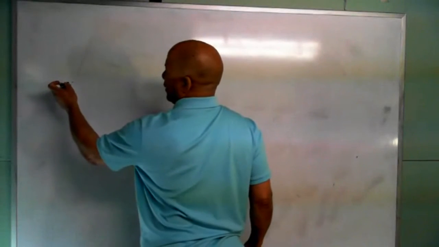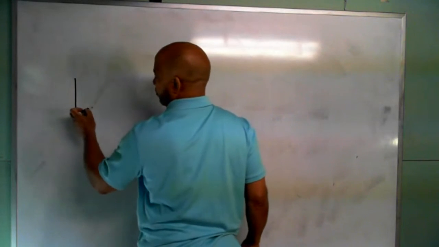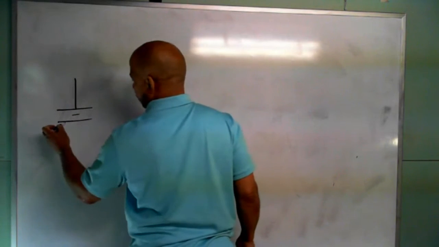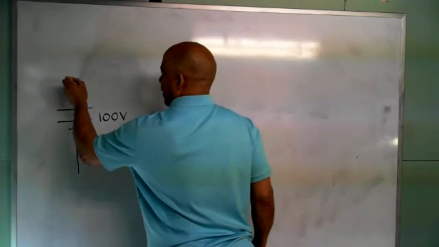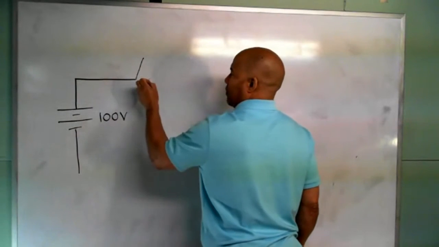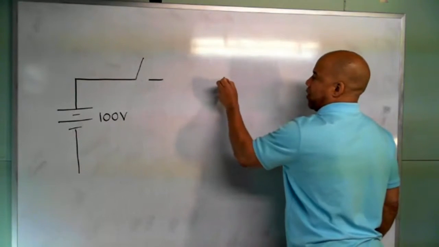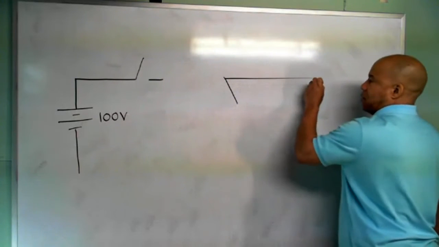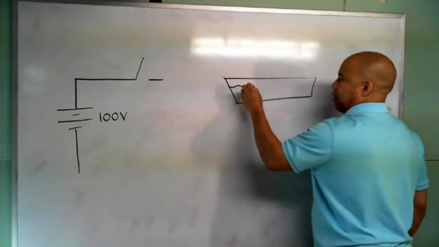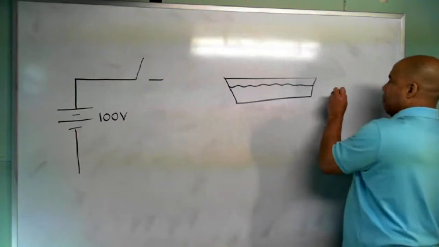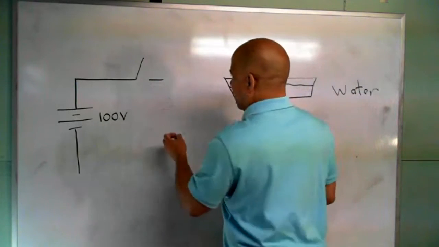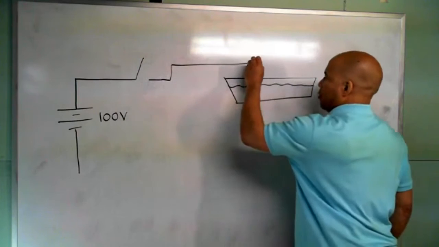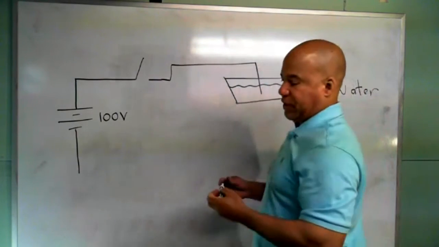So imagine I have a circuit that consists of a battery, a DC battery. A 100-volt battery. I have a switch. I have some water in a pan. In the water, I'm going to put a resistor.